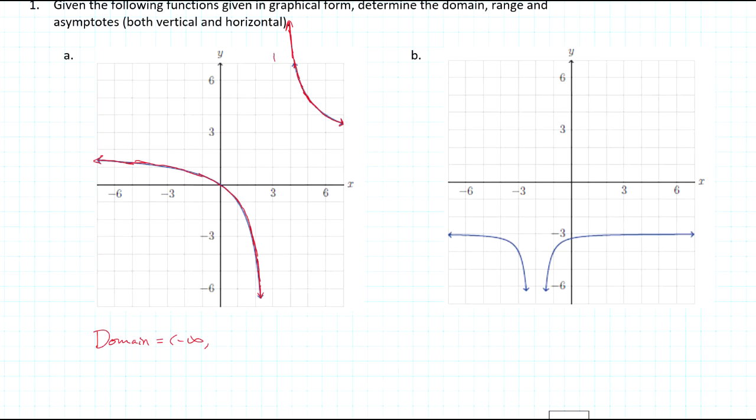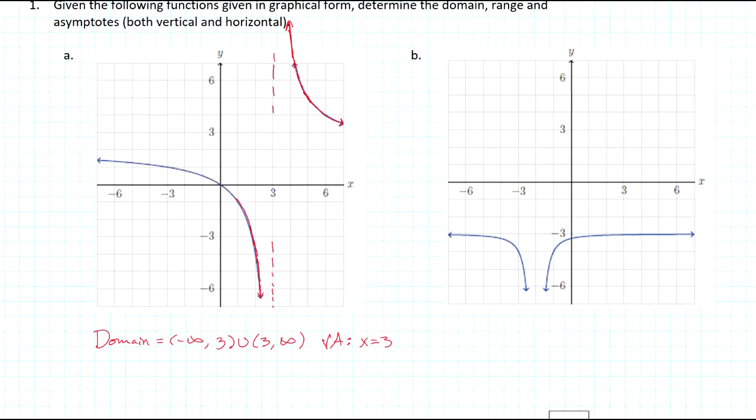And I think just right here at 3, we have a vertical asymptote. Like the line's going to keep getting closer and closer to that without touching it, and it just hasn't gotten very close yet. So for these vertical asymptotes, it's always just going to be one number. So it looks like 3 is the number that we skip here. So we have a vertical asymptote at x equals 3.